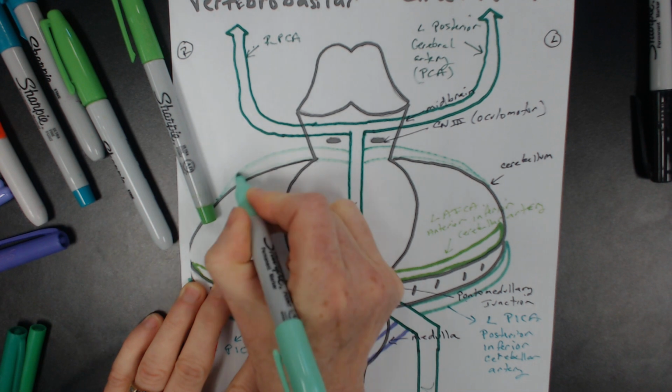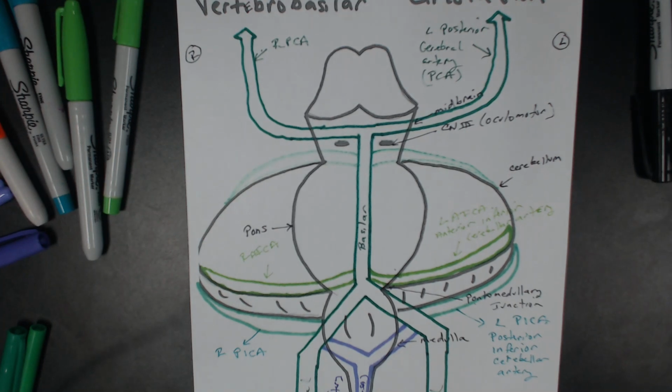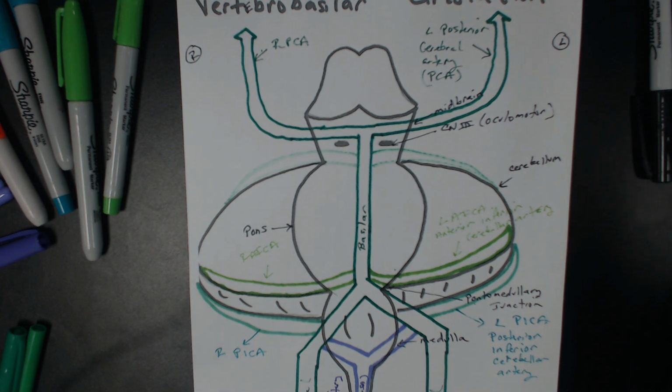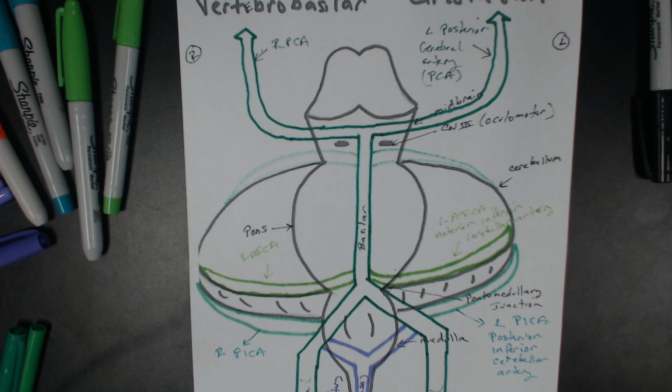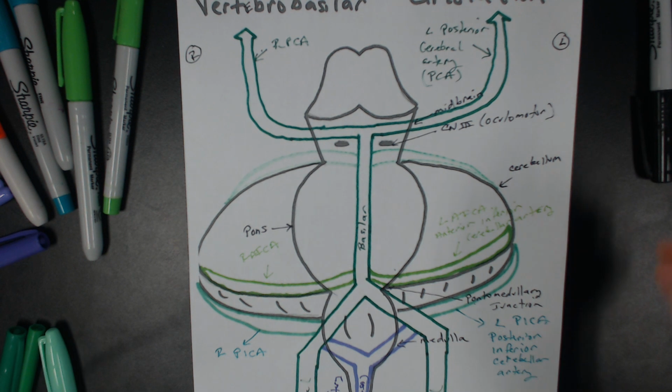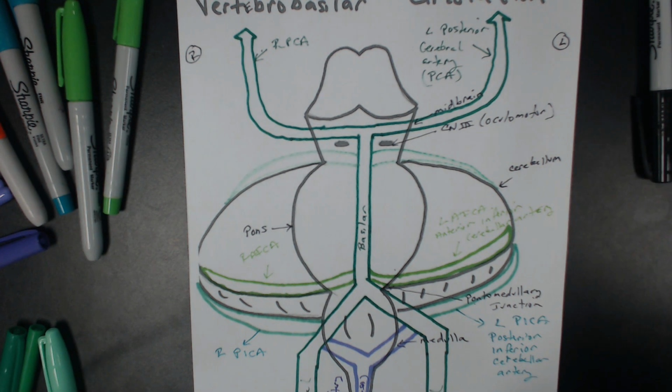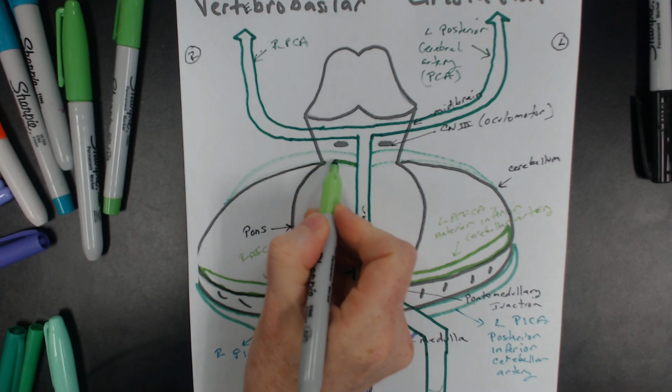So it's going to supply the superior surface of the cerebellum with blood. What do you think it might be called? SCA, superior cerebellar artery. So that's going to be your SCA. Let's see if I can make that a little darker.